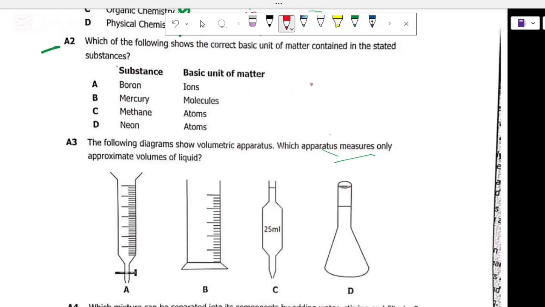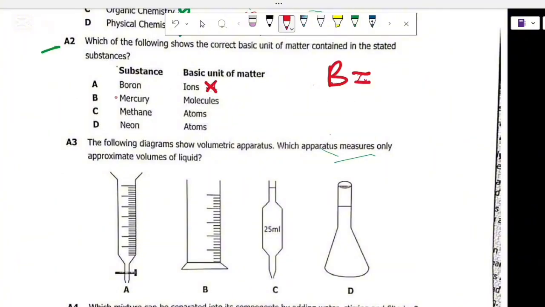Now, boron is an element on the periodic table. The fact that it is an element shows that it is not an ion. An ion is something that has lost or gained electrons. This boron is an element. It hasn't lost or gained any electrons, so it can't be ions. So you can eliminate that answer.